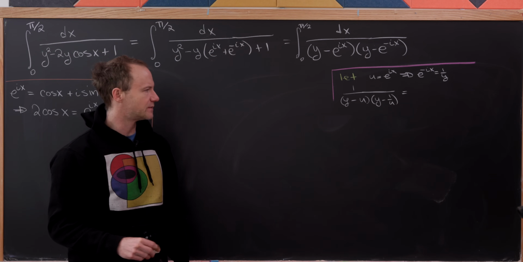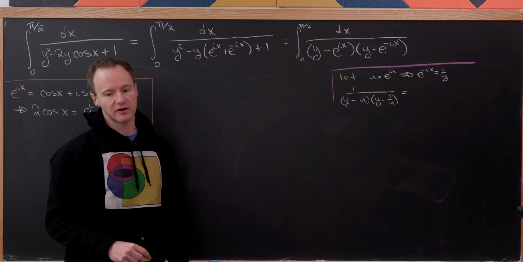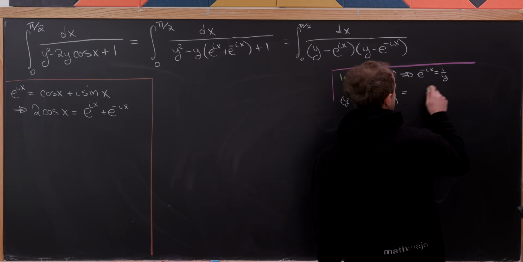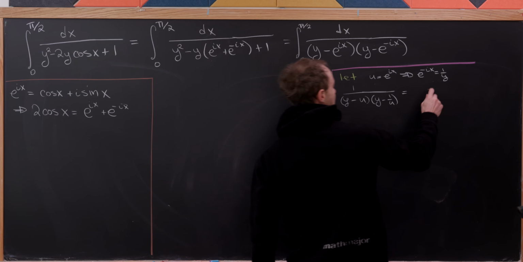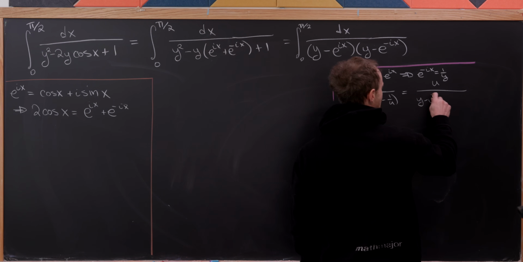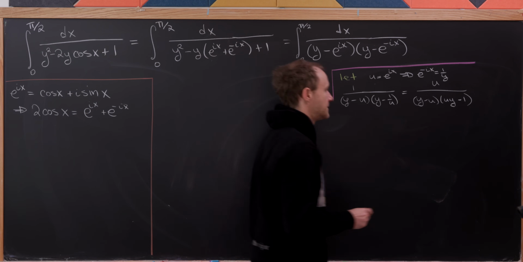But before we decompose that, I really want this to be a polynomial in the denominator in our variable u. So by multiplying the numerator and the denominator by u, I can write that as u over (y minus u) times (uy minus 1).